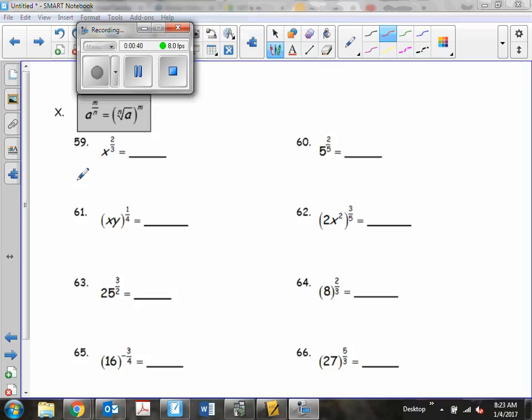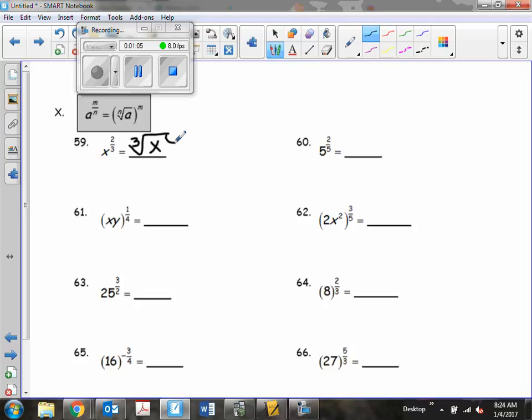So if I take a look at number 59, I have x raised to the 2/3. So x raised to that 2/3, the top one is your exponent, the bottom one is your radical. So we would rewrite this as the third root of x and then squared.